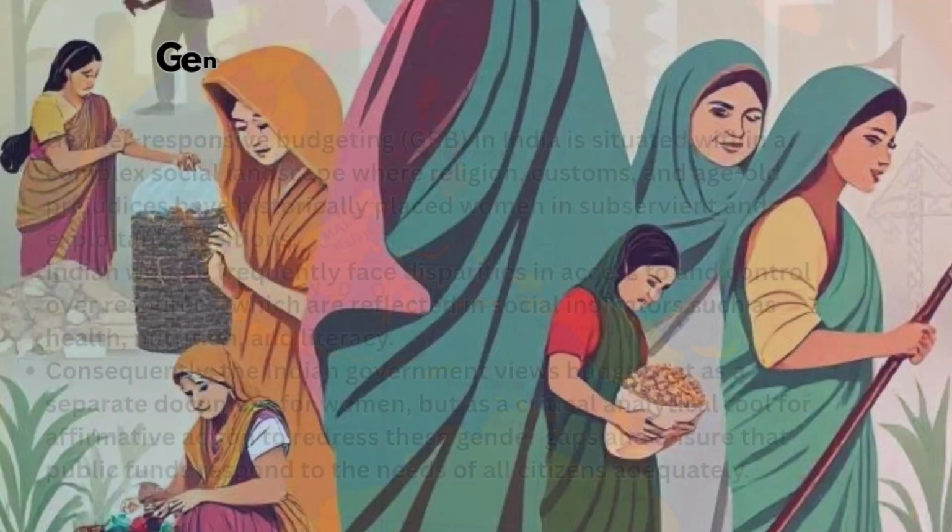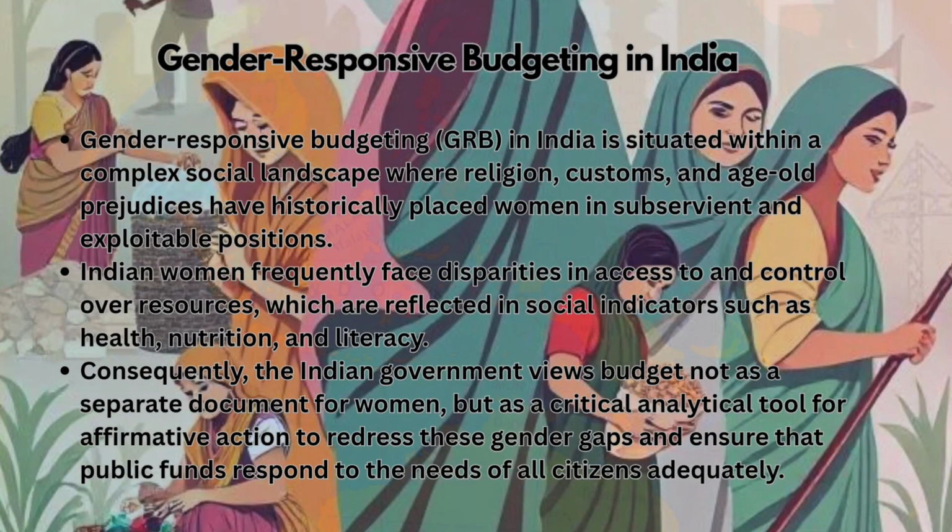Now, let us concentrate on what has been the progress, issues, and challenges faced in gender responsive budgeting in India. Gender responsive budgeting in India is situated within a complex social landscape where religion, customs, and age-old prejudices have historically placed women in subservient and exploitable positions.